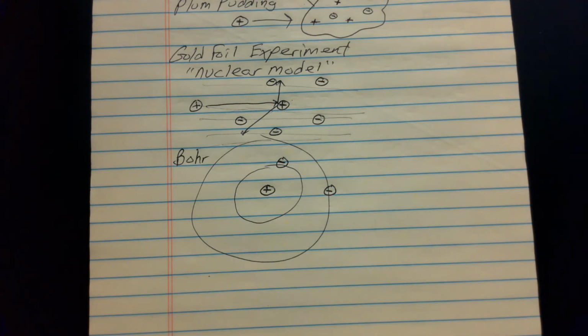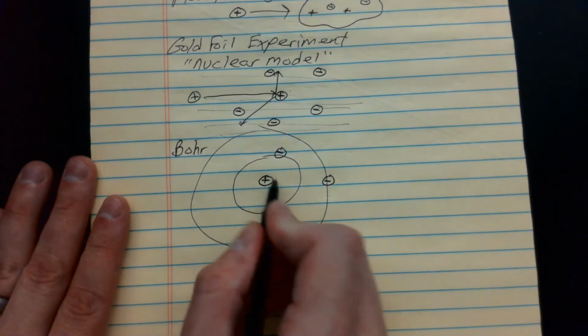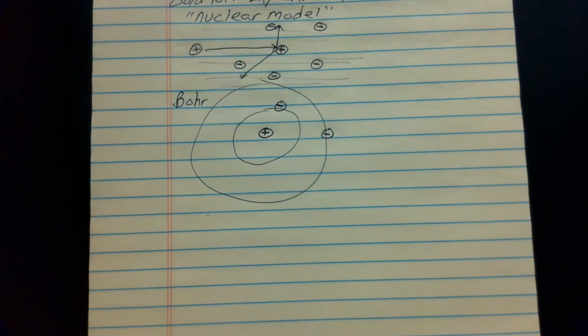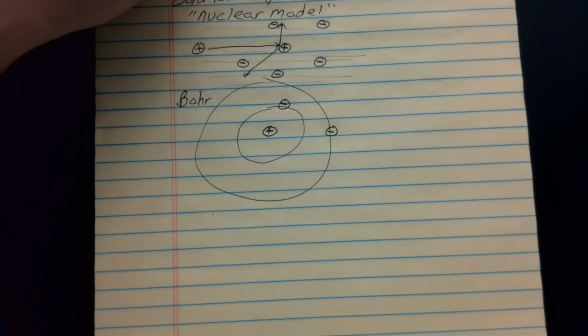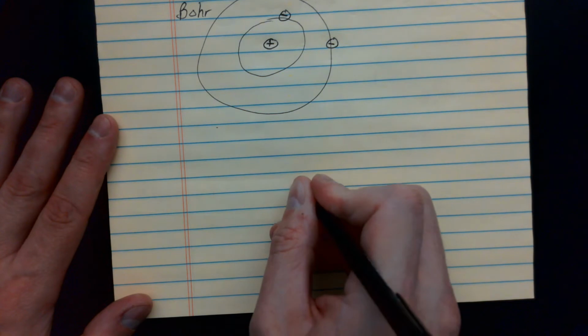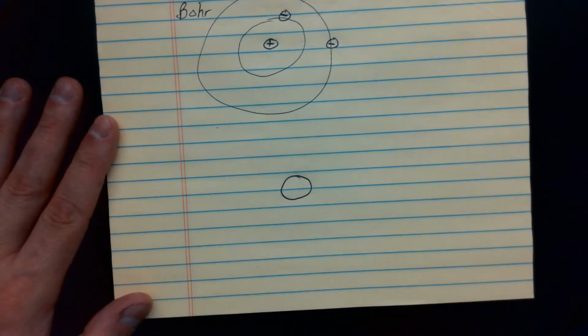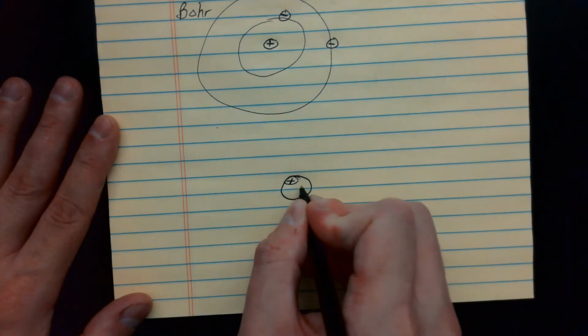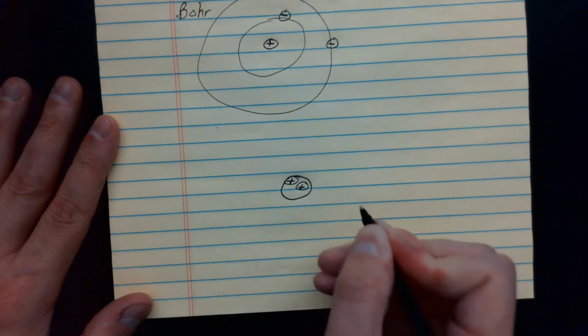And the last thing to happen was a guy named James Chadwick figured out that this middle here is not just protons, it's actually neutrons as well. So the last model here is you have this nucleus that is filled with positively charged protons and neutrally charged neutrons, which I'm just going to use as 0.